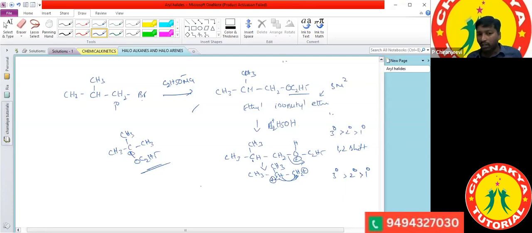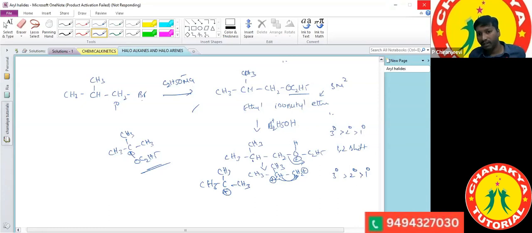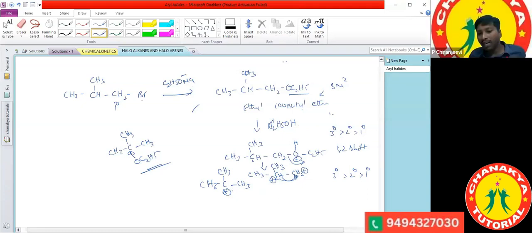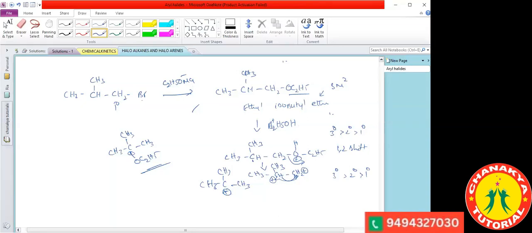So CH3, C, CH3, CH3. So this is the positive charge. What positive charge did you get, tertiary, primary or secondary? Tertiary, sir. Is the tertiary carbocation more stable or less stable? More stable, sir.